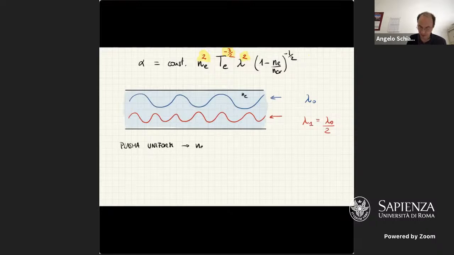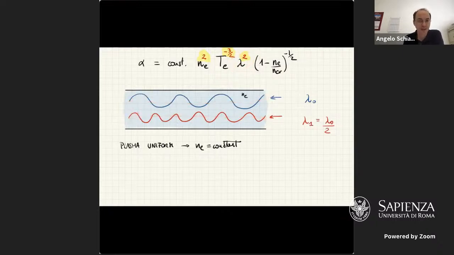So Ne is constant, it's not changing. And let's suppose the temperature is constant as well. We want to focus our attention on the choice of the laser wavelength. So suppose we send 1 micron radiation and half a micron radiation.